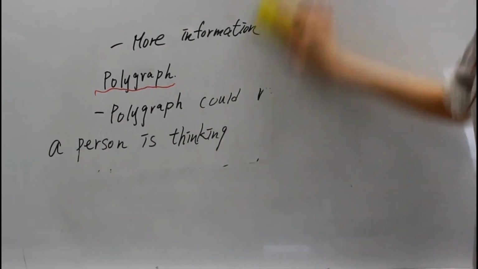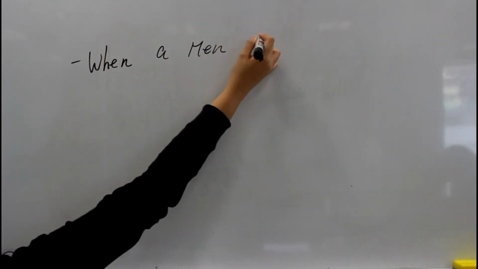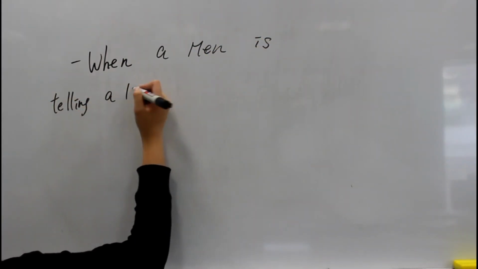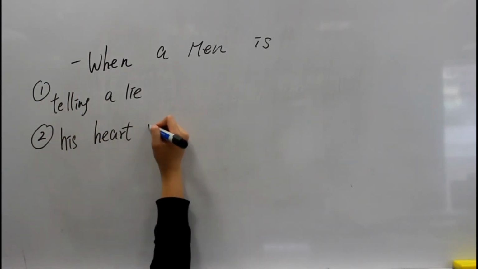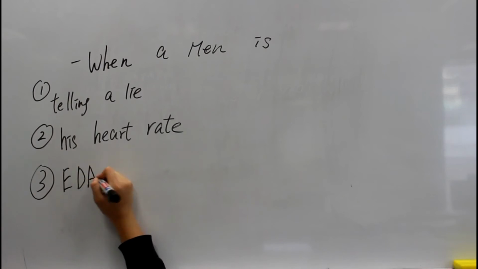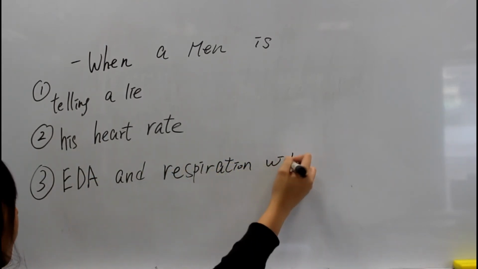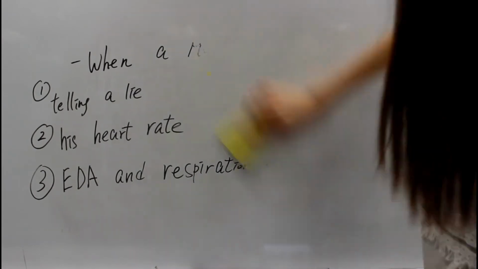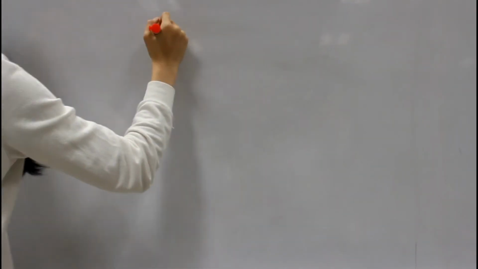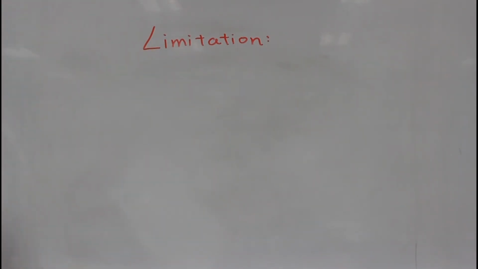However, there are many factors that affect the result of a polygraph, such as noise and environment. Some might control their physical reactions, and there can be human mistakes when analyzing the data. Thus, we cannot entirely believe the result of a polygraph. There are many factors that may affect the accuracy.